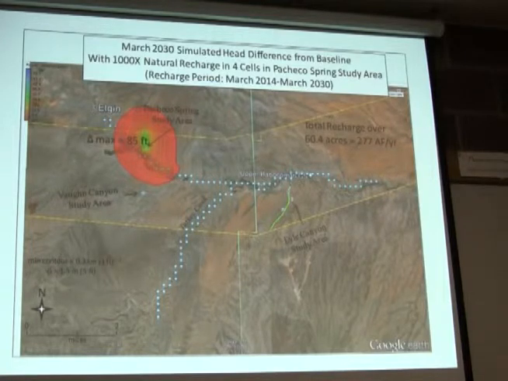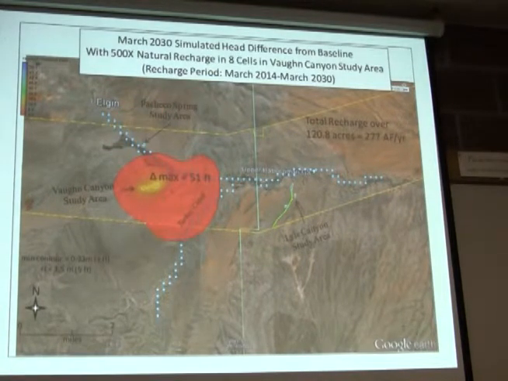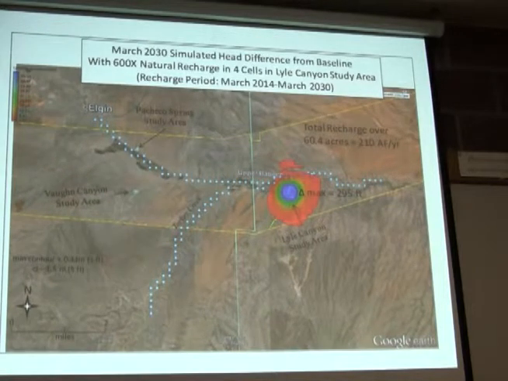So here the groundwater table responds differently. It doesn't pile up as fast, but on the other hand, it's farther from the stream and it takes longer and more water to affect the stream. Here, groundwater piles up very fast. Again, an unrealistic head value because this system is not, you don't see any blue dots along Laurel Canyon in the model. There needs to be a stream connecting that system.